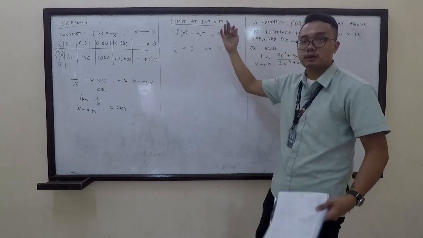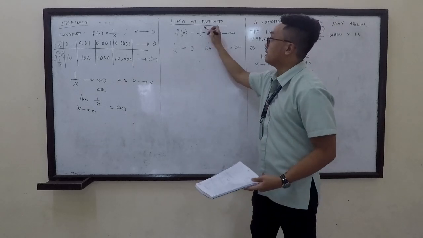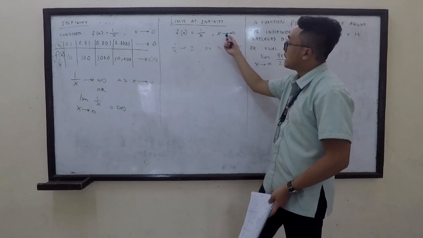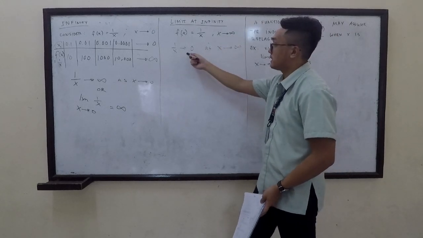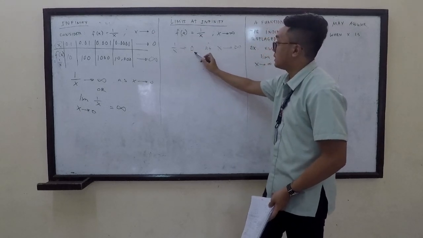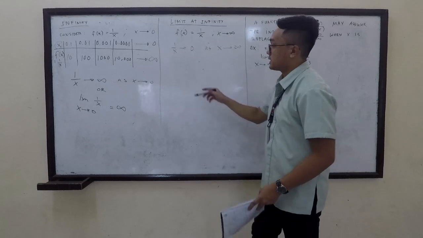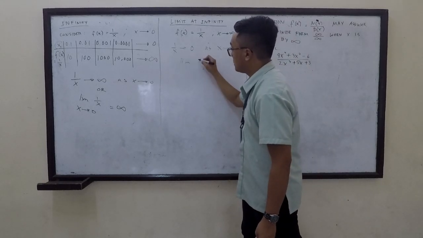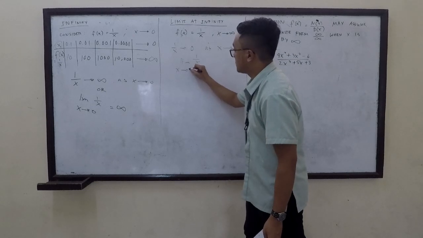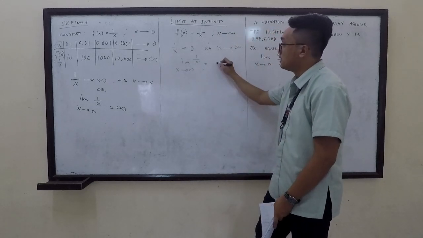Or the limit of 1 over x as x approaches infinity is equal to 0.